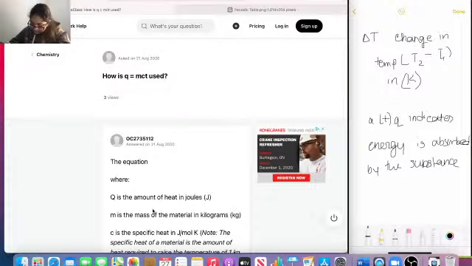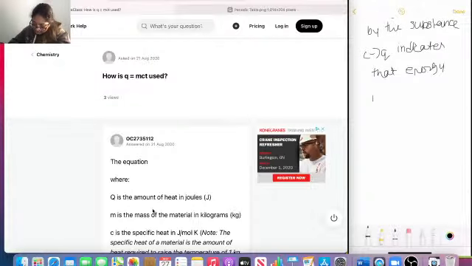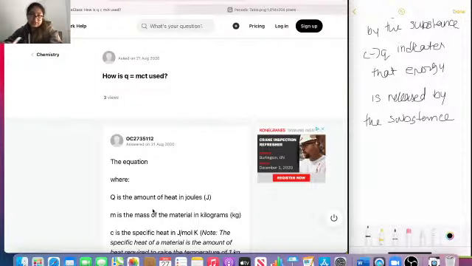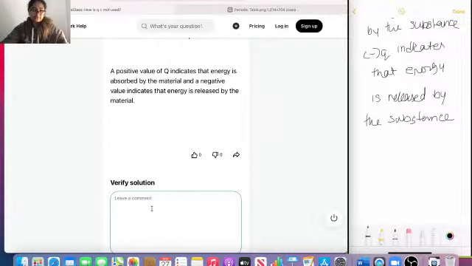Whereas negative Q indicates the energy is released by the substance. Okay, so this is how you use Q equals MCΔT basically. Yes, so this is correct.